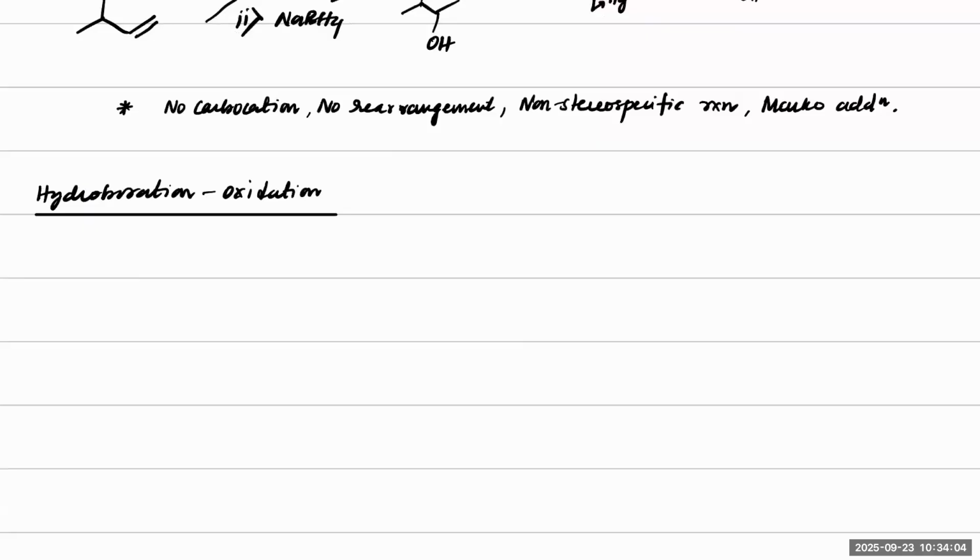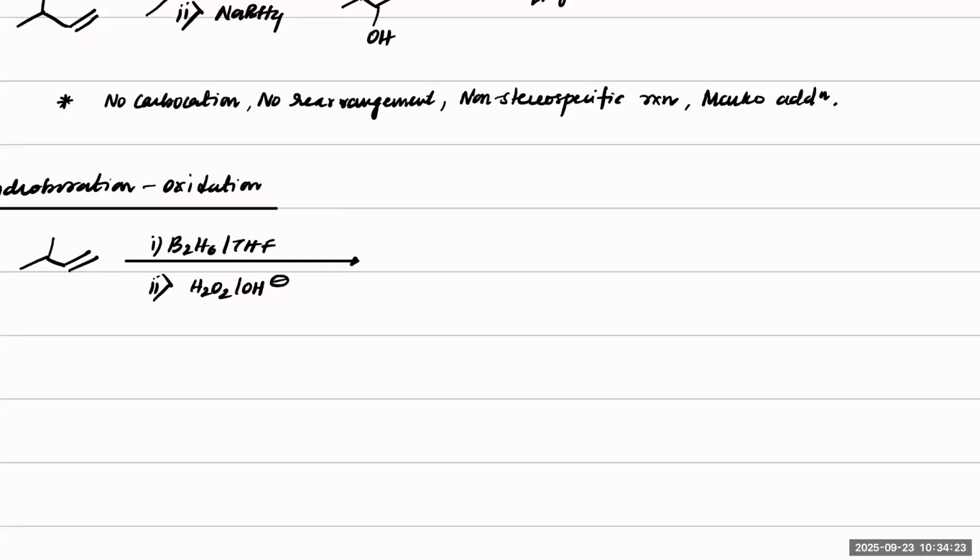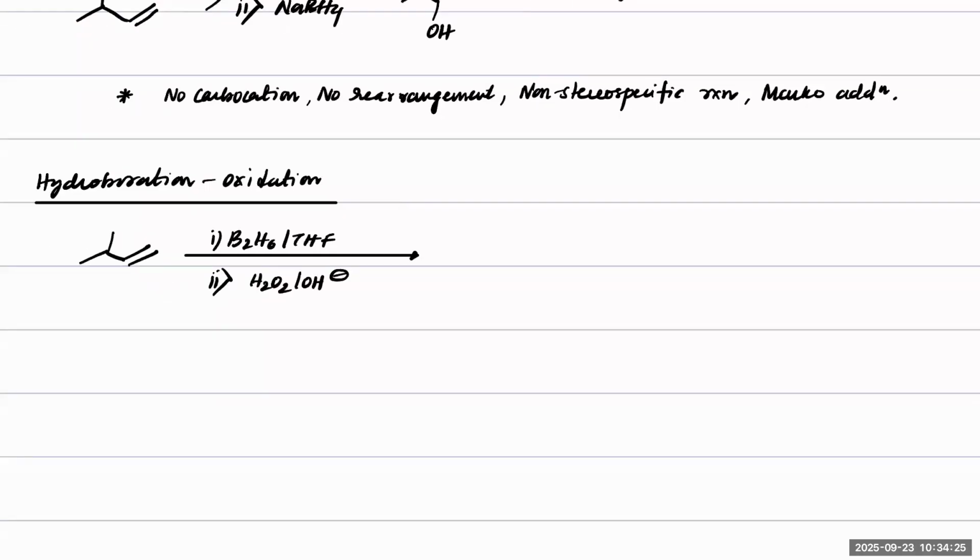I will take the same molecule here, try to react that with first B2H6 in the presence of THF, followed by H2O2 in the presence of OH minus. Got it? Now in here, what would happen? First, the product, let me write down. So you will get OH being added here and H being added here.